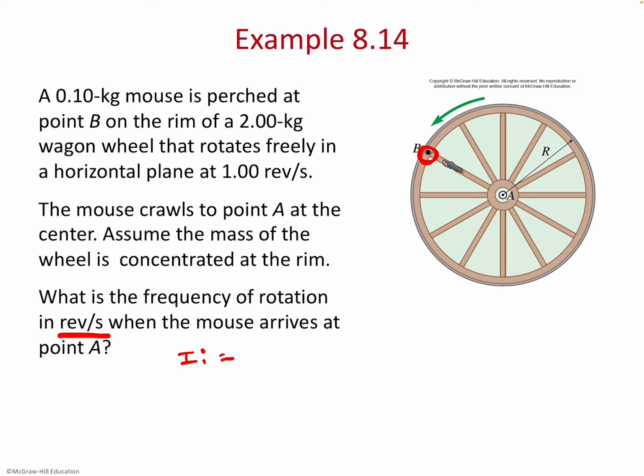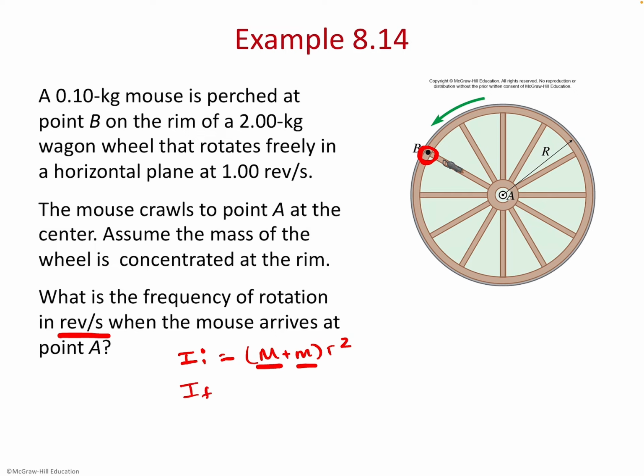Well, if it's just one particle, then it was just mr squared. Well, why am I doing M plus m r squared? Because you have the mass of the wheel and the mass of the mouse. You have to include both, okay?